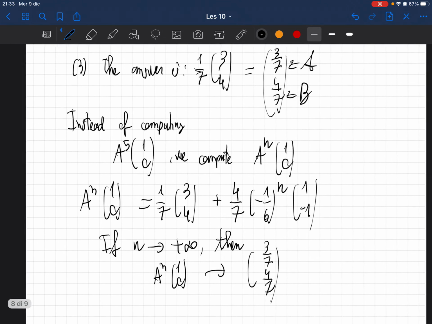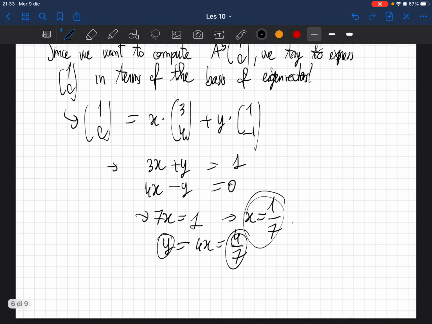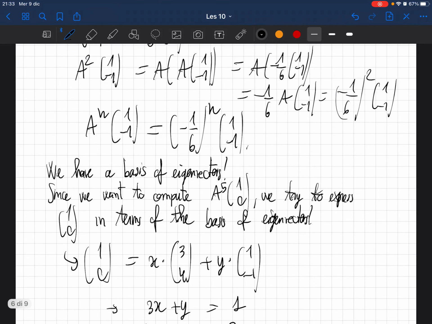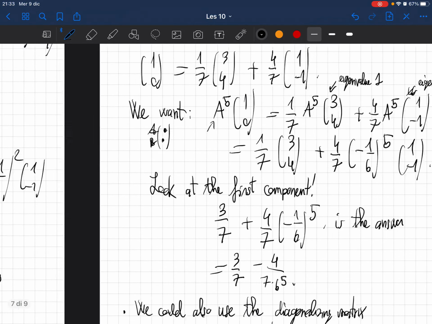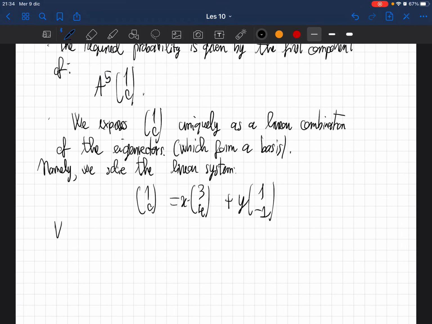We find out x is equal to 1 over 7, y is equal to 4 over 7.